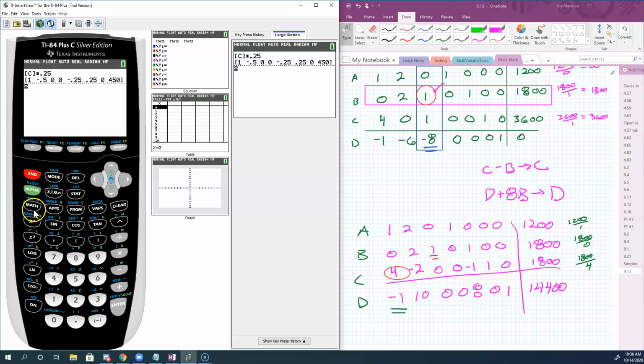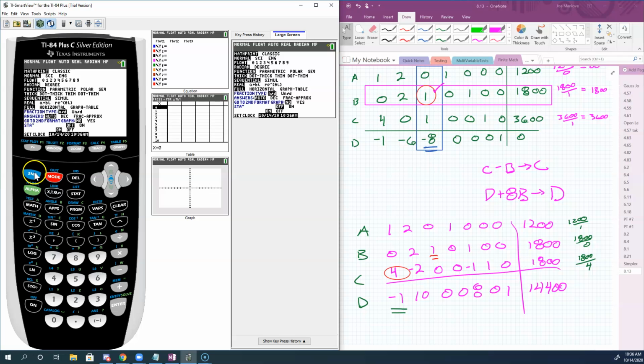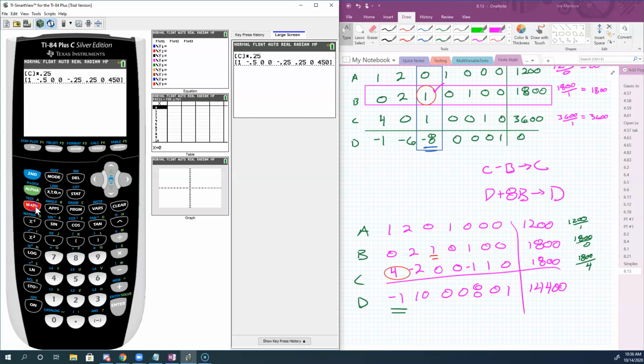And then if I want to get fractions out of there, we'd go, oops, not second. We'd go math to fractions. Then we can see the fractions. Okay, so this is going to be my pivot row. I probably should store this.